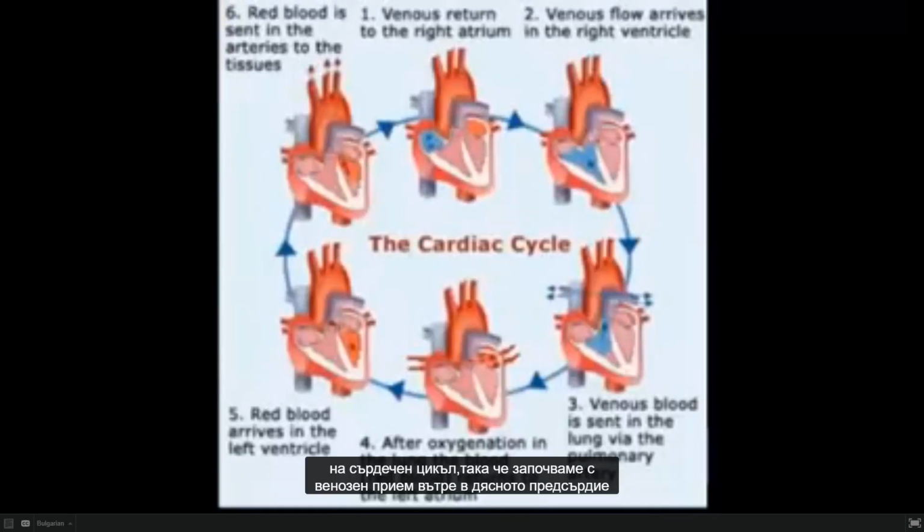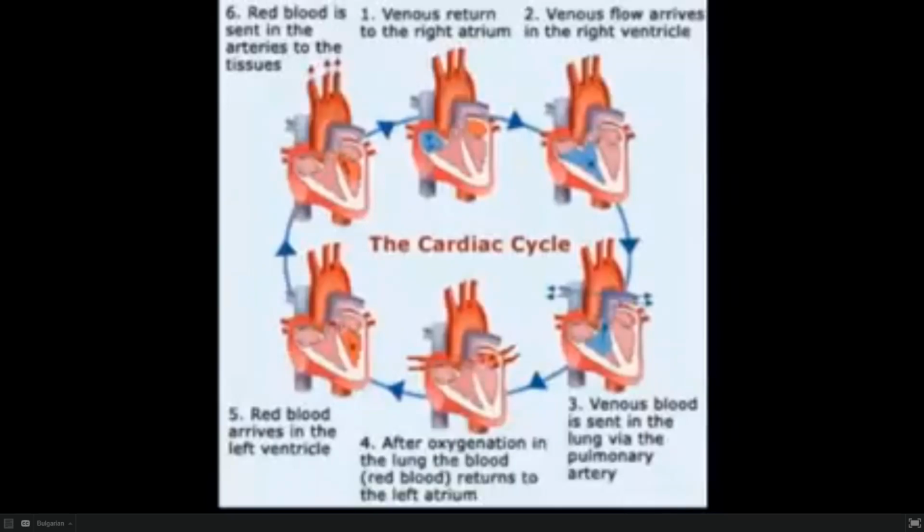So we start with venous intake inside of the right atrium, then the venous flow goes to the right chamber, then from the right chamber blood is sent through the lungs via the pulmonary artery, and oxygenation of the blood starts inside of the lungs.